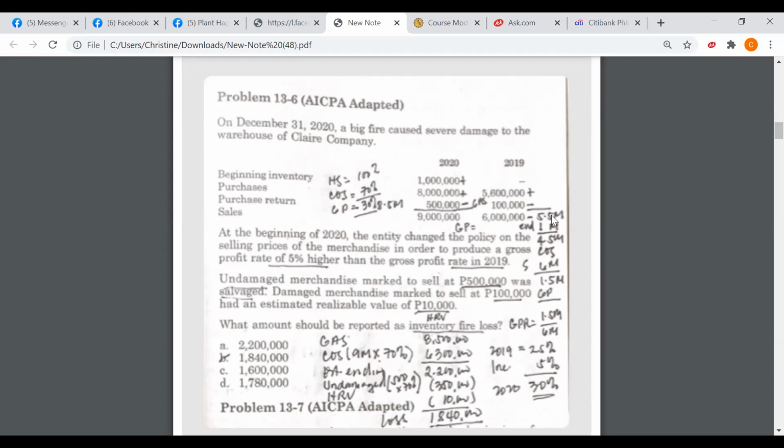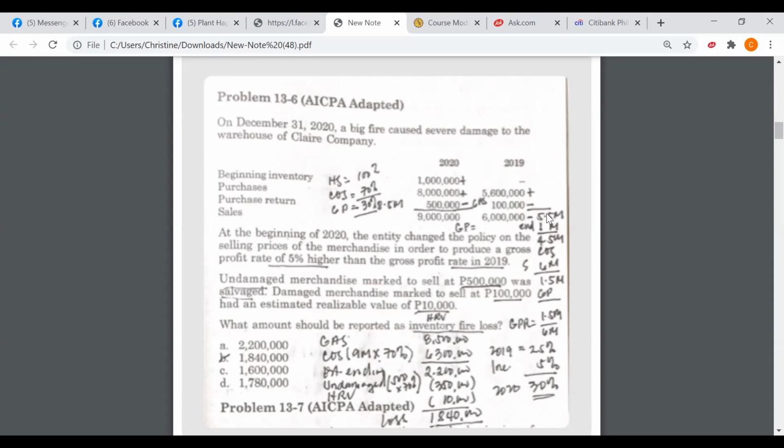Your GAS minus your ending. Take note, you're not given here the ending, but of course, we should understand that the beginning inventory of 2020 serves as the ending inventory of 2019 because the ending of 2019 is just carried forward to 2020 as beginning inventory. That's why it should be 1 million for the ending.